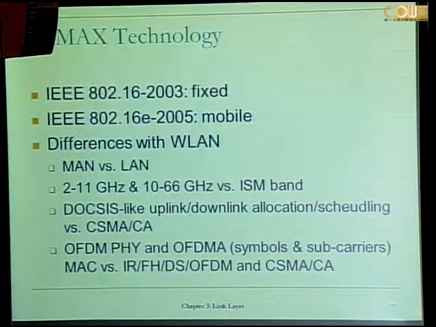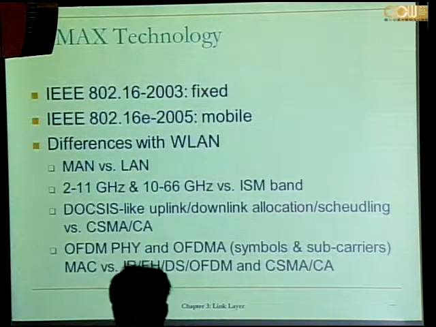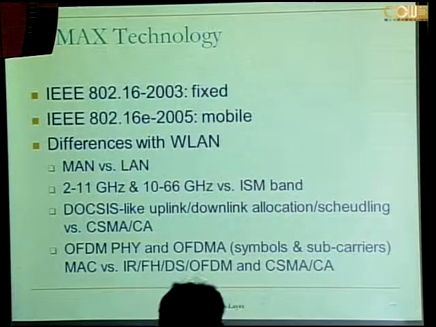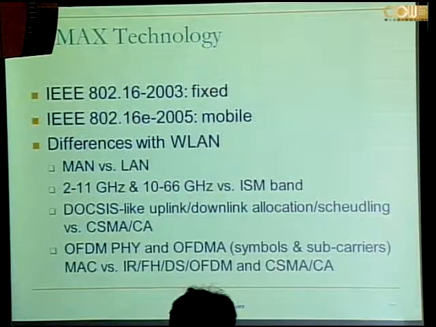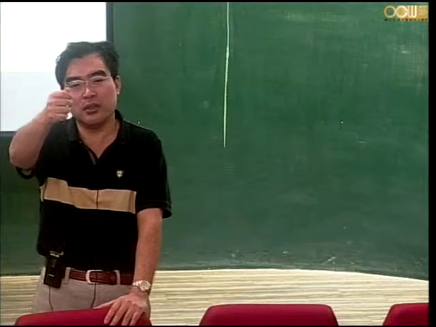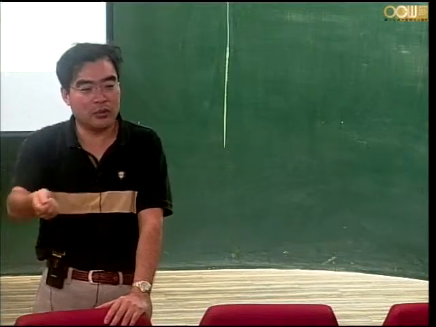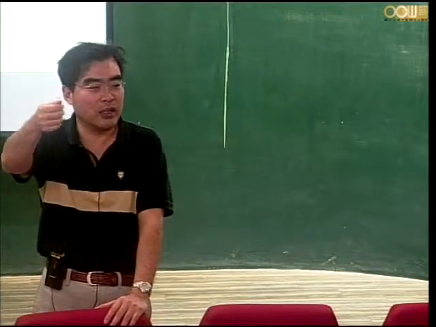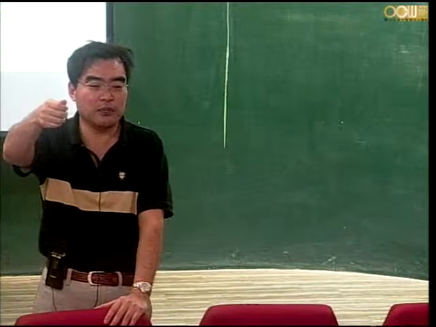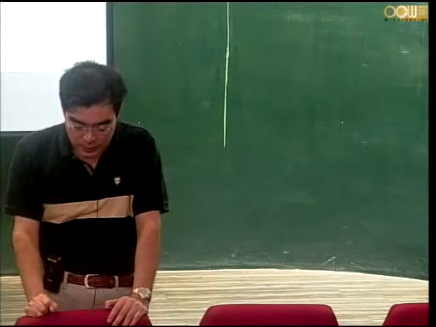DOCSIS is a cable modem protocol, and there are still a lot of cable modems today in Taiwan, in the US and in other countries. I don't know how many of you are using cable modem at home because you use the cable TV. It comes with cable, so they also offer data service, internet access service. So you use that.